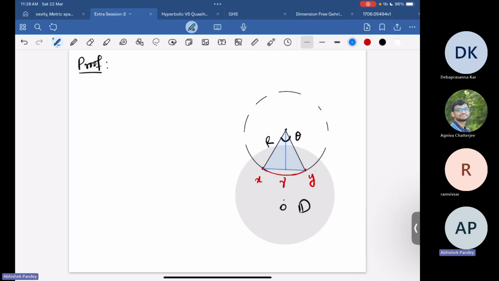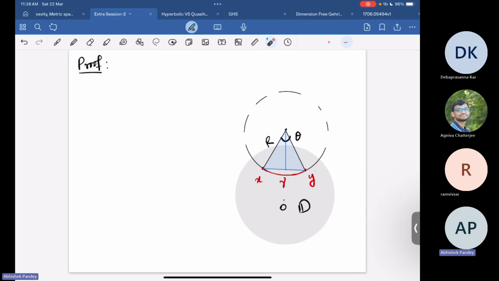Here we have our disk and points x comma y. Geodesics will look like part of an arc of a circle which is perpendicular to the unit circle, with some center and radius r.